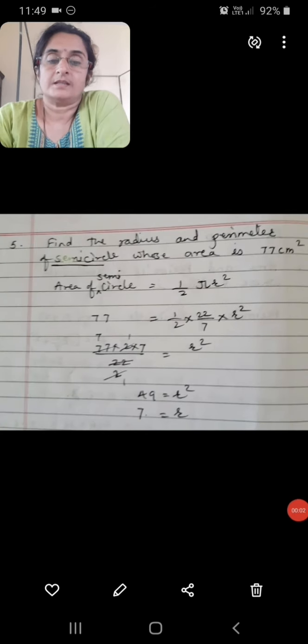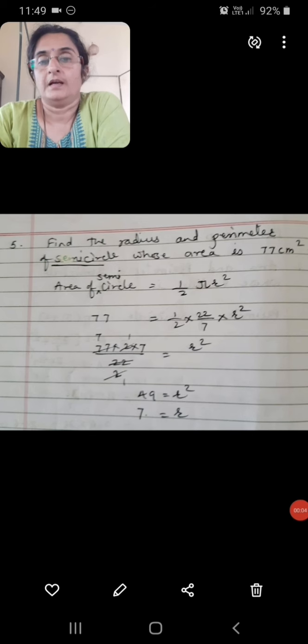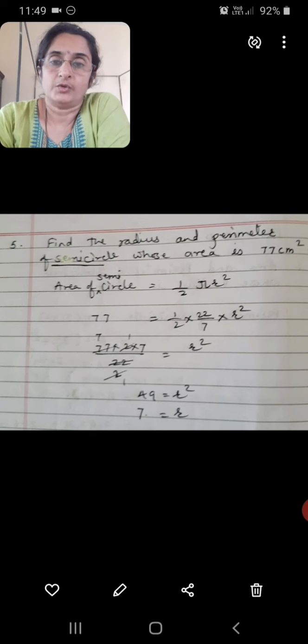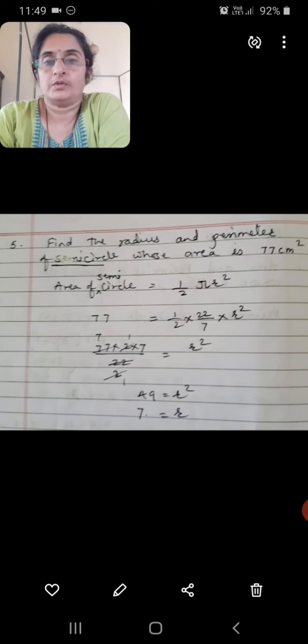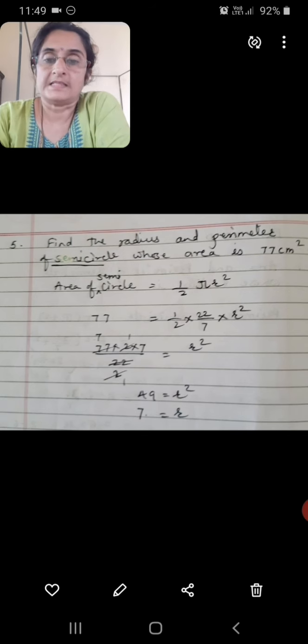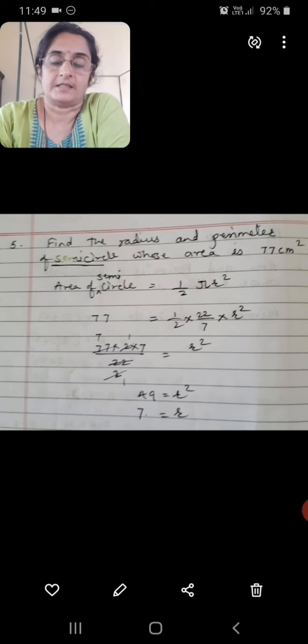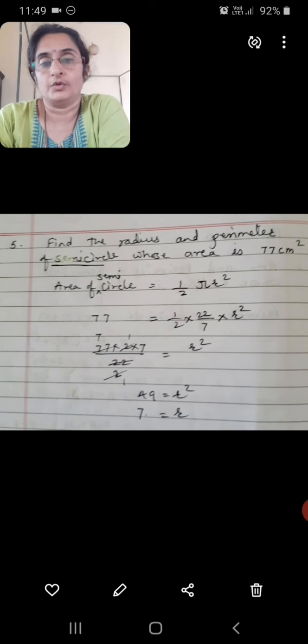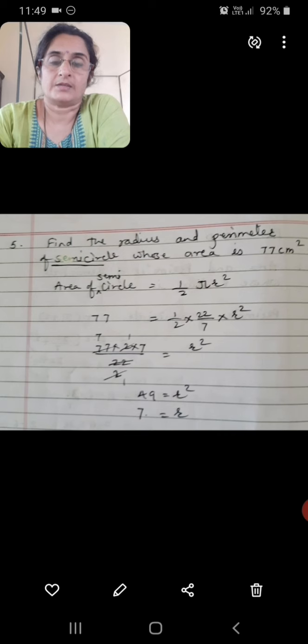In questions three and four, instead of pi value 22 upon 7, we are going to use the value 3.14. Fine. Once the radius is given, we are going to use it as it is, and take pi's value as 3.14.